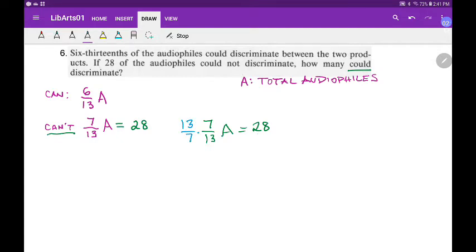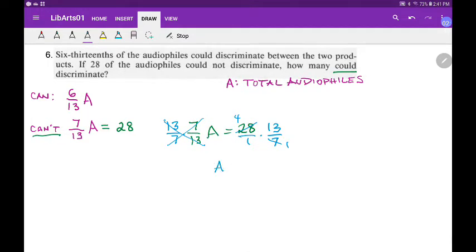So we could divide by 7/13, but this is so much better, right? 13/7, if we multiply by that, that cancels. And the 7 cancels with the 28. There's 4 7s in 28. So I have A is equal to 4 times 13. That's 52. So there must be a total of 52 audio files.